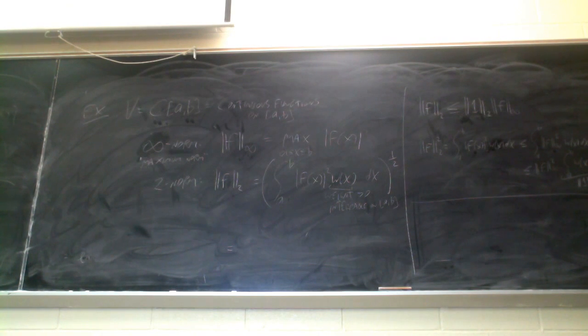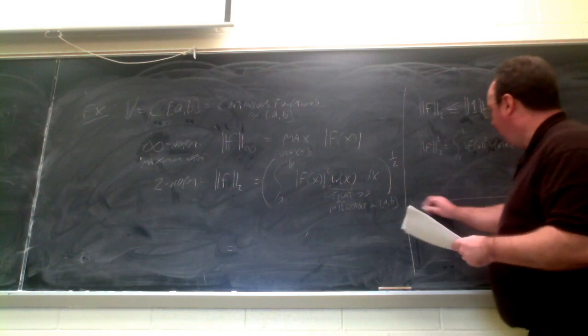Now, one thing that's interesting is that the 2 norm and the infinity norm are not really all that equivalent. You might think, oh, if a function has a small 2 norm, it'll automatically have a small infinity norm, or vice versa. And for ordinary vectors in Rn, that actually is true. But for functions on the interval AB, it's not true.